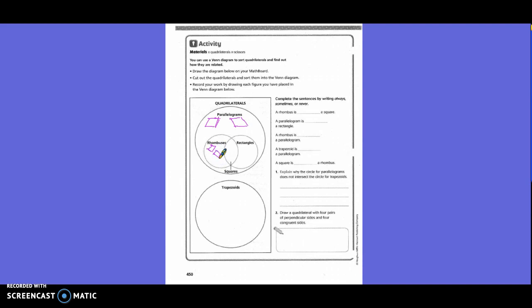Which those aren't equal, but if you try your best. A square has what? 2 pairs of parallel sides, and are they equal? Yes. Okay, what about a rectangle? Two pairs of parallel sides, but are the sides equal? No.